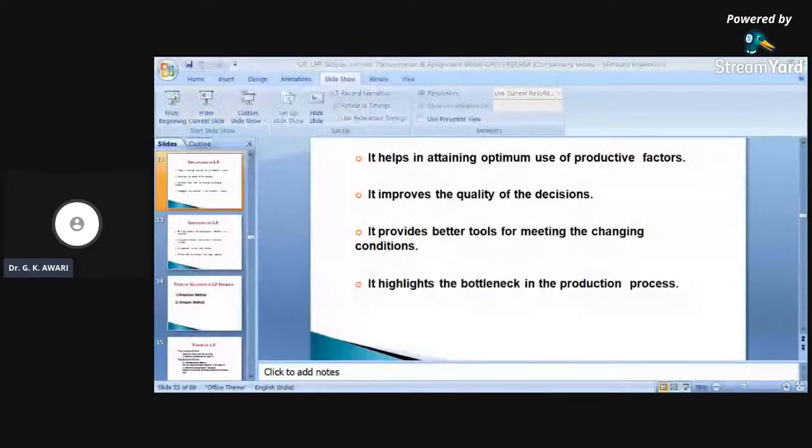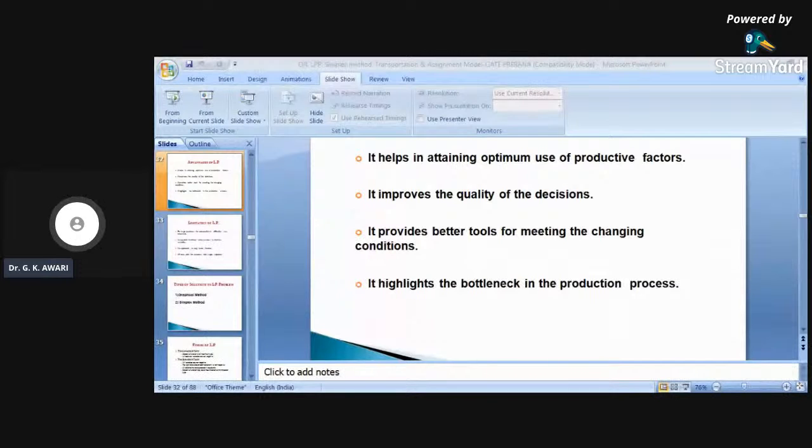So the advantages of linear programming (LP) are that it helps in attaining optimum use of the productive factors. It improves the quality of decision. It provides better tools for meeting changing conditions, and it highlights the bottleneck in the production process.